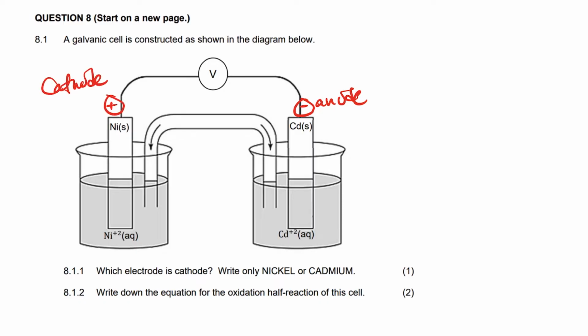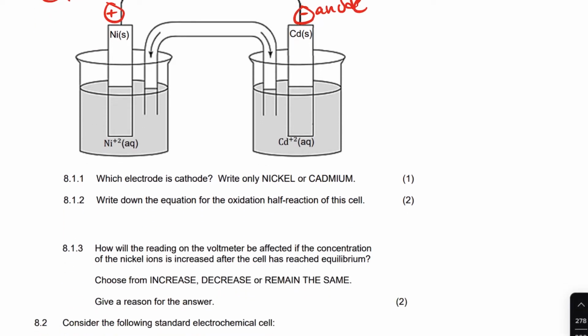Reduction takes place in the cathode and oxidation takes place in the anode. It says which electrode is the cathode. So the cathode is nickel.